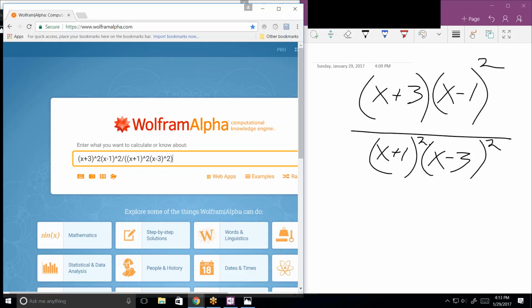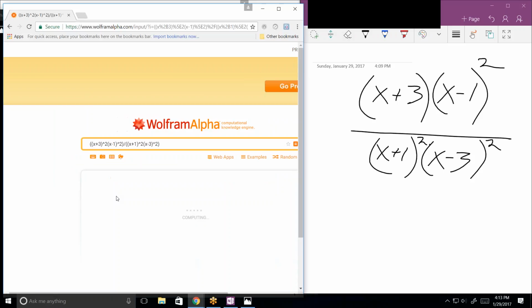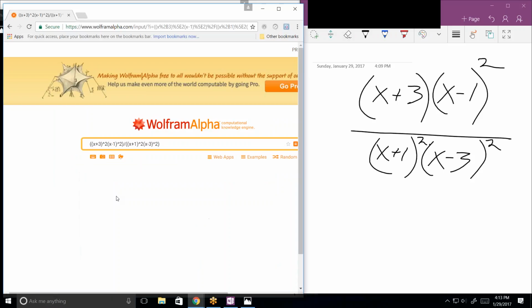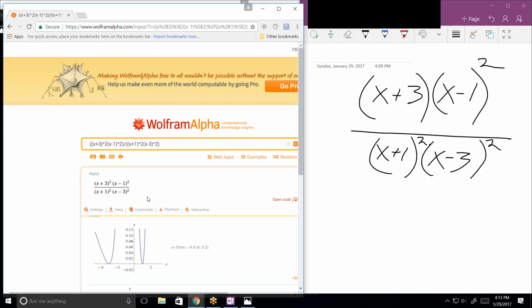Well, I think I may need parentheses on the top also. I think I'm going to put in, it's always better to have more than too few. Now let me see what it tells me this is. Let's see if I got it input right. No, I didn't.